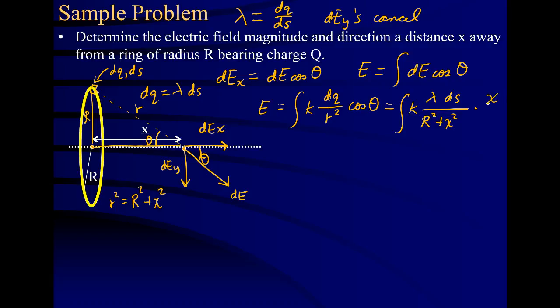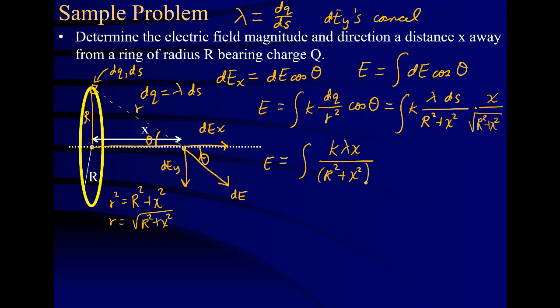So we have x, and then little r is equal to the square root of R squared plus x squared. So that simplifies a little bit, and we'll have the integral of k lambda x over R squared plus x squared to the 3/2, and then we have a ds.